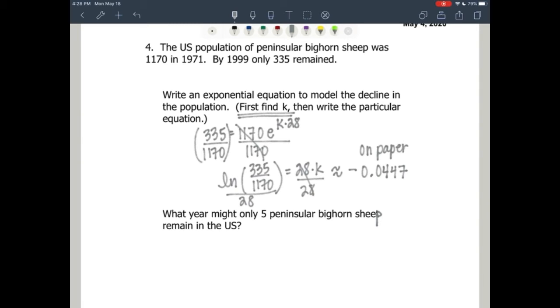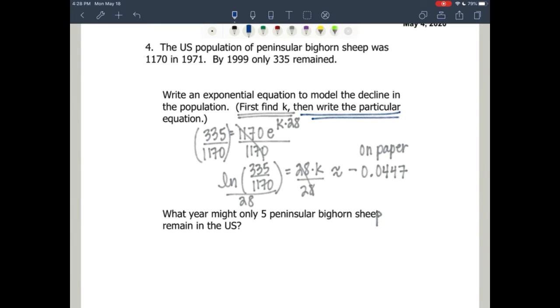Now I'm going to put this into my calculator and store it. So I've got the natural log of 335 divided by 1170, and take that divided by 28, and I store it, and we're good to go.